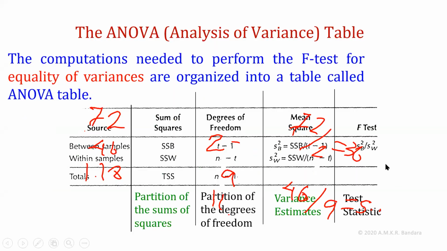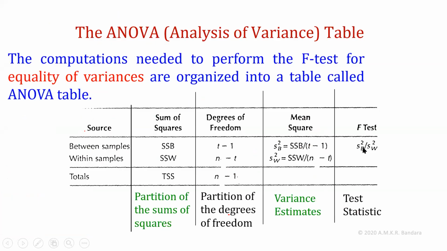Then the calculated F value is computed as between mean sums of square divided by within mean sums of square.